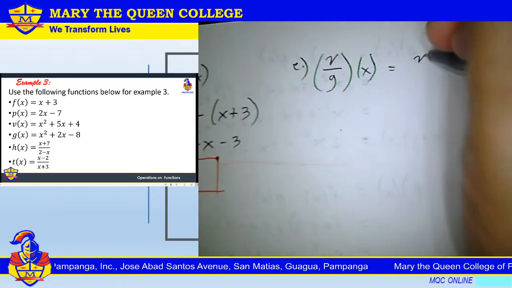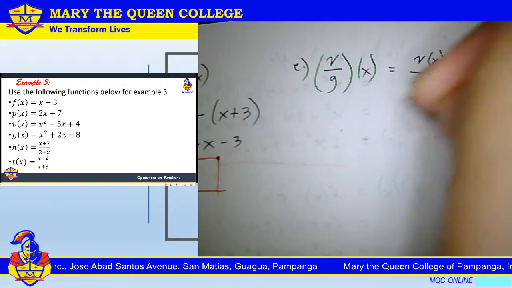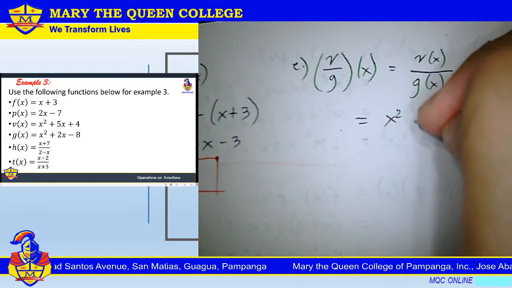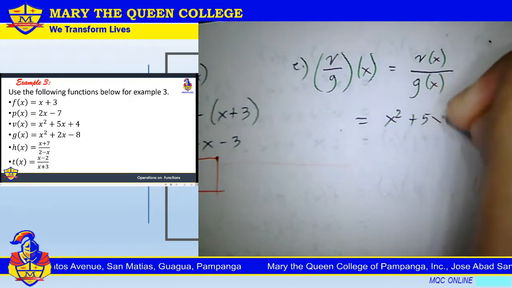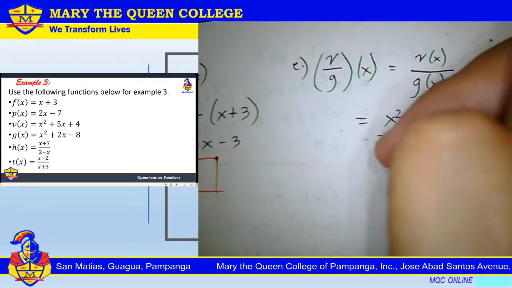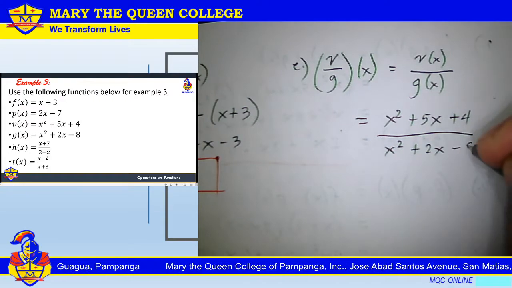So, this would become v of x all over g of x. Then copy v of x: x squared plus 5x plus 4, all over g of x, which is x squared plus 2x minus 8.